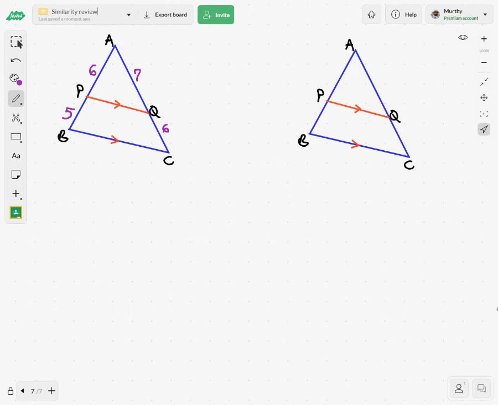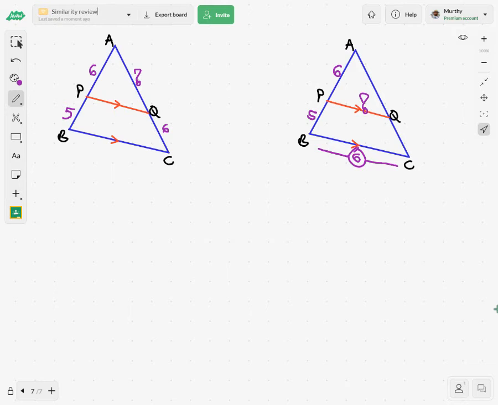What is the value of AQ? Same way, I'm taking 6 here, 5 here, and BC is, let's say, 6 units. What is the length of PQ?